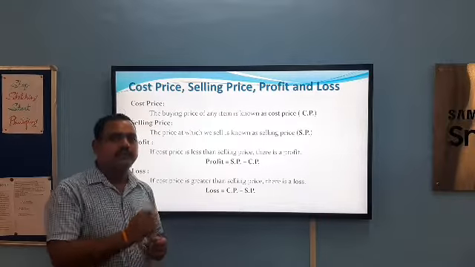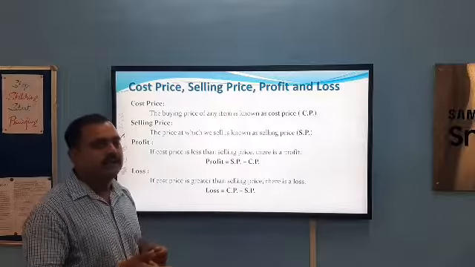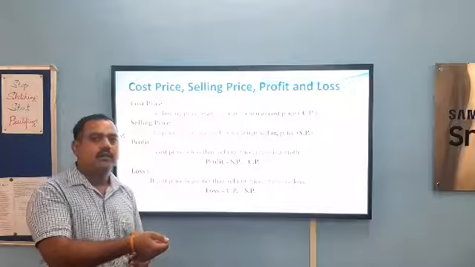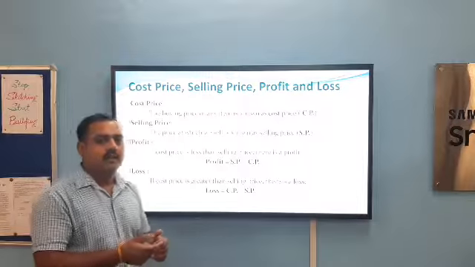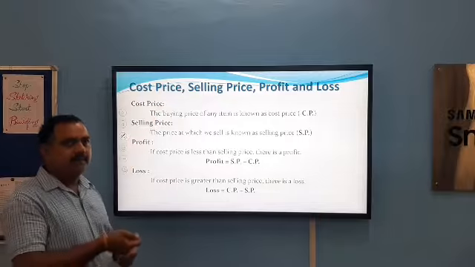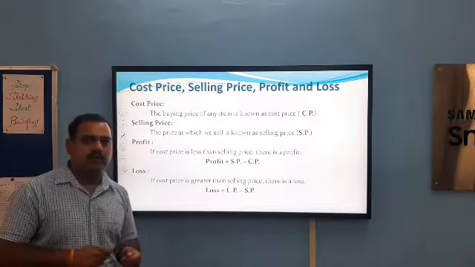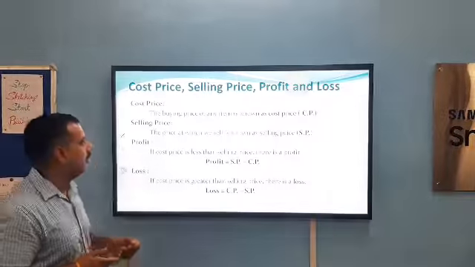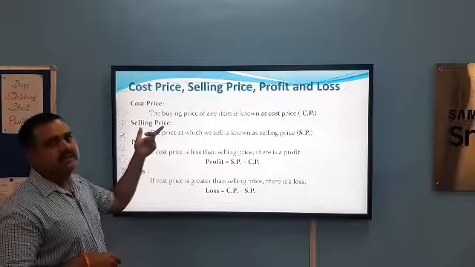That amount which we give to the shopkeeper is cost price for us, because we are paying. The person who is paying, for him that amount is cost price, and the person who is getting that amount after giving the goods, for that person the amount is selling price.